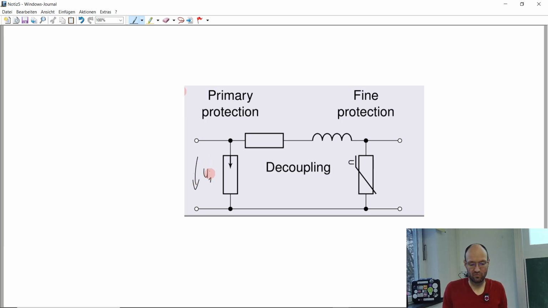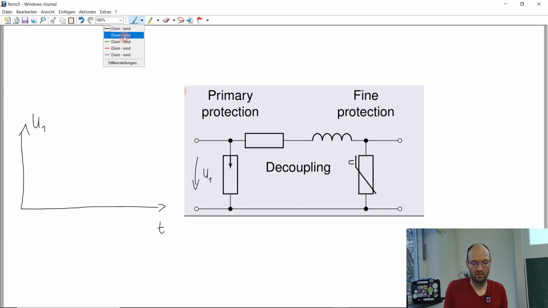so if our input voltage here looks like this over time. So this is the time and this is our input voltage. And let's say we have some very high voltage signal, some typical transient disturbance signal.